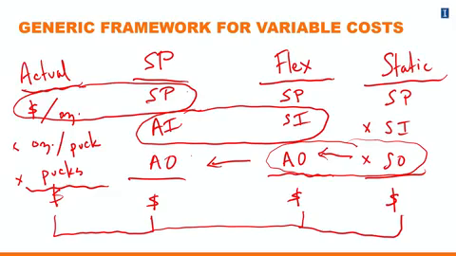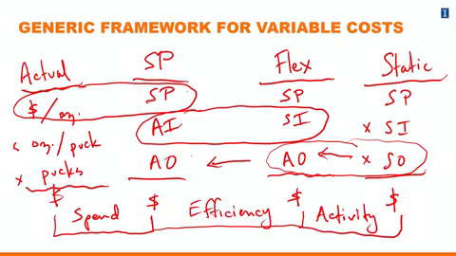So these individual differences that fall out from this framework are referred to as the spending variance, the efficiency variance, and the activity variance. Firms call these things different labels depending on their preferences, but these are generic labels that I think are useful in most cases.